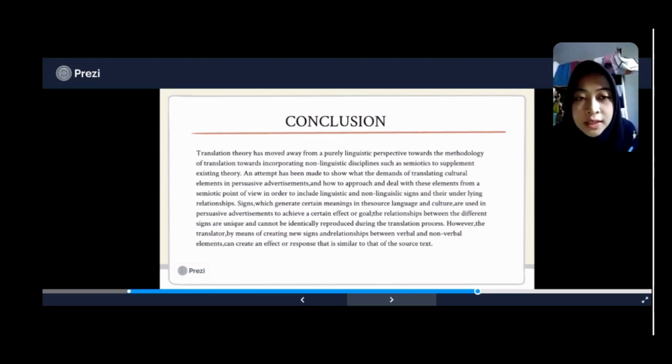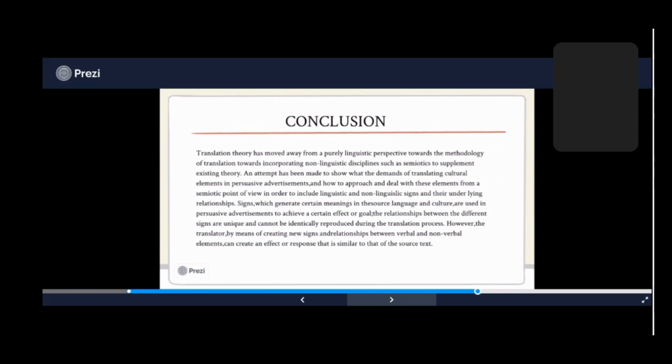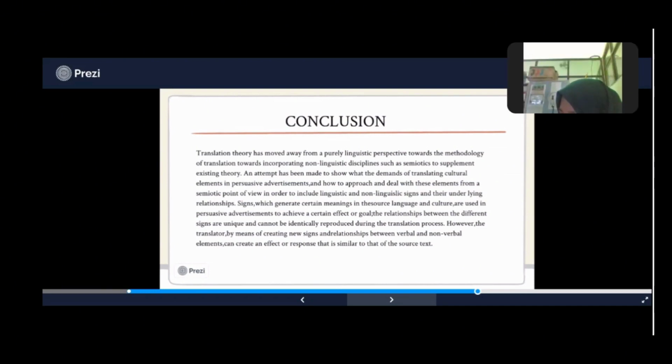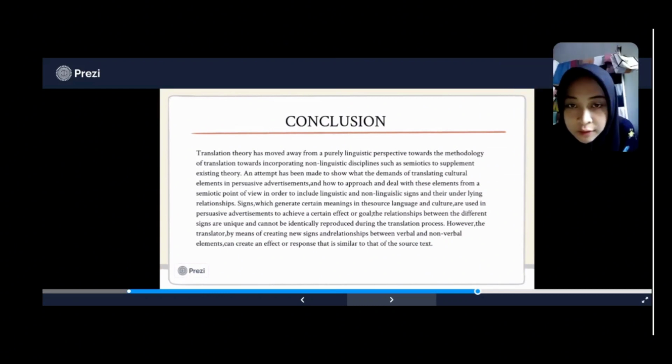The conclusion is translation theory has moved away from a purely linguistic perspective toward the methodology of translation, toward incorporating non-linguistic disciplines such as semiotic to supplement existing theory.